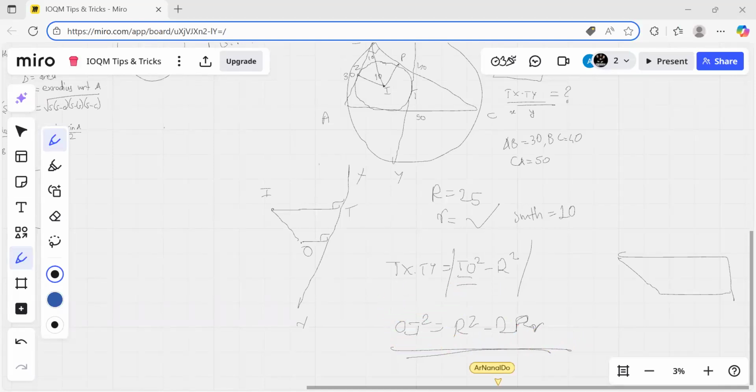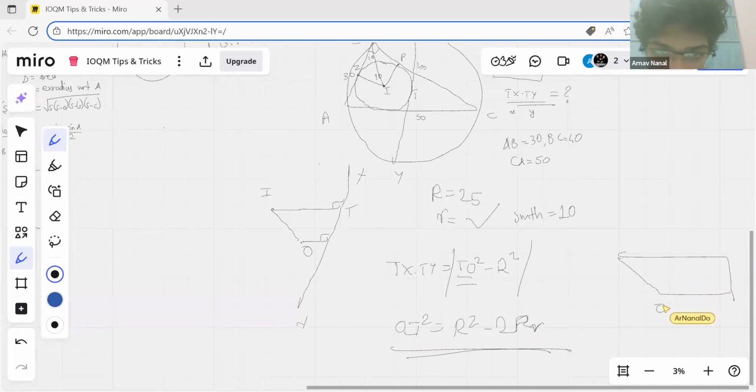Oh, it's a product, sorry. So you have O, you have I, you have T, and you have some random point M. You know OI, you know IT is the circumradius. Also, since the length of XY is known, you can calculate OM.